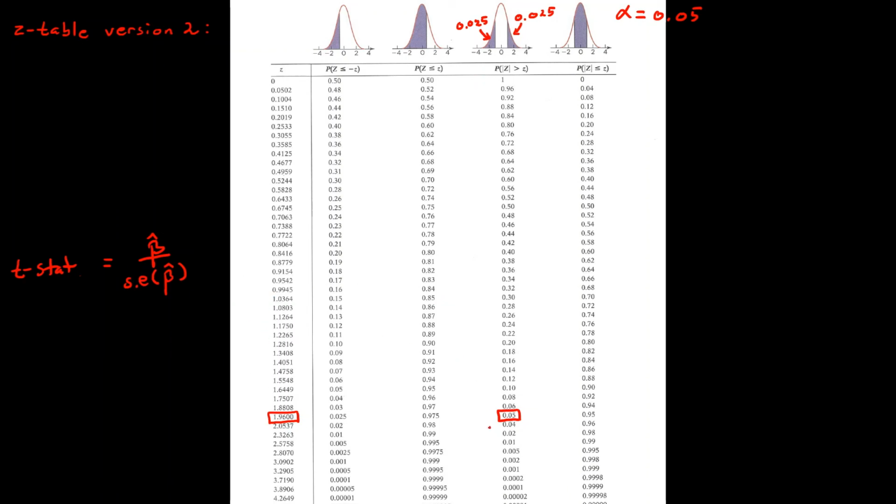So in this case, if the t-stat is above 1.96, plus or minus, in absolute value, then you are led to believe that the null hypothesis is not true.